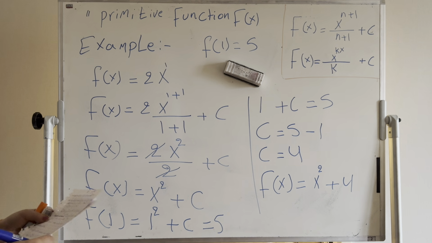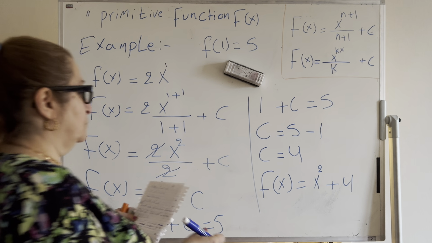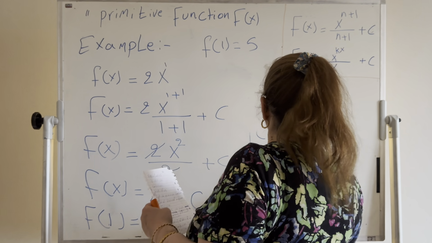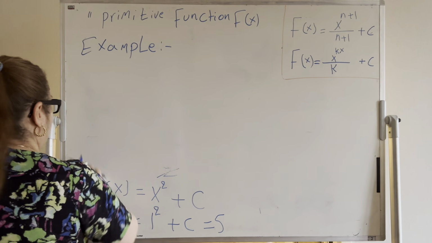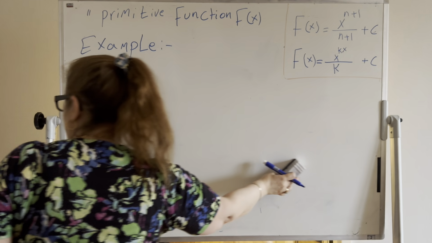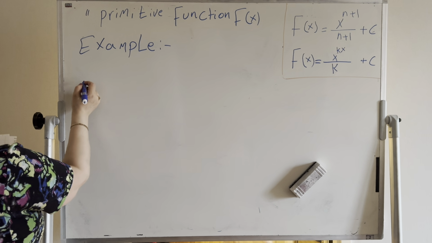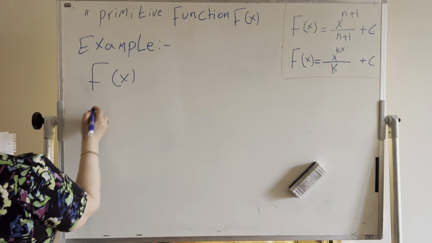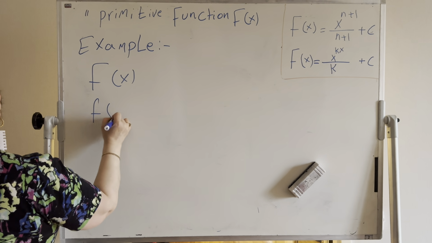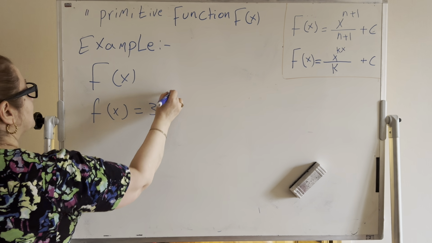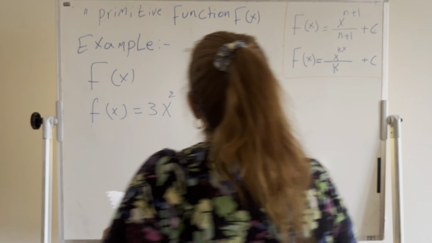Now the second example. Find the primitive function of f of x equals 3x power 2, and I will use my rules here also.